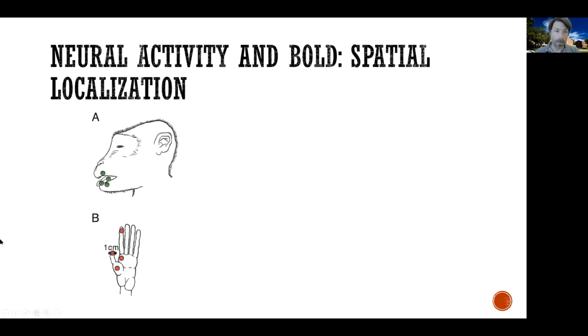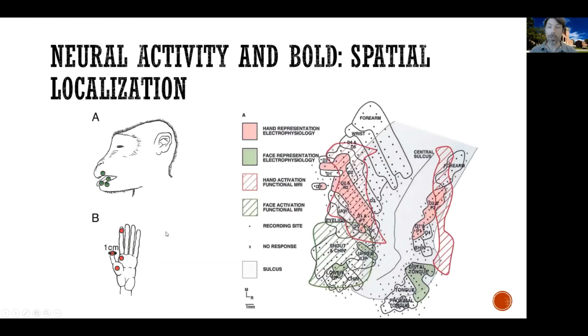So the site of stimulation: they would stimulate the snout, the tongue, the chin of the animal, and then they would stimulate different places on the hand. And what you're seeing here is a diagram of the so-called precentral sulcus, the motor part, and the post-central sulcus, which is the sensory part of the brain.